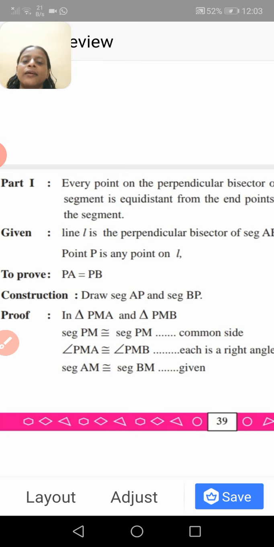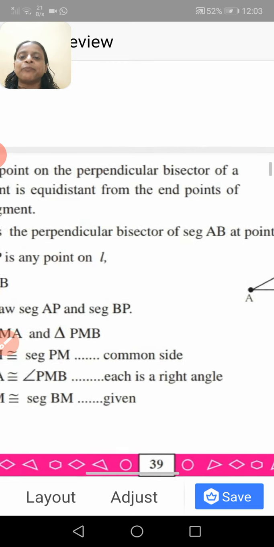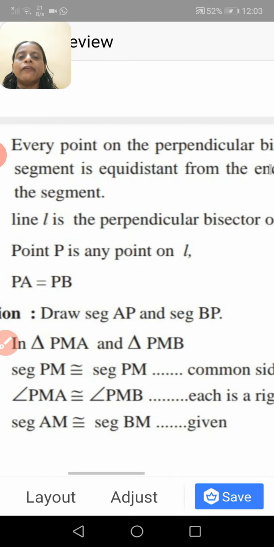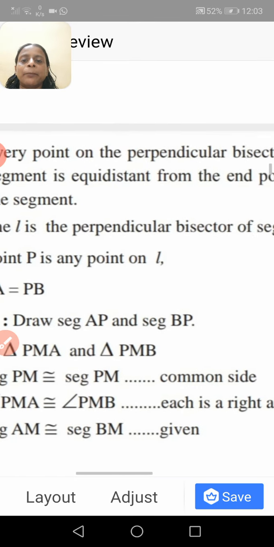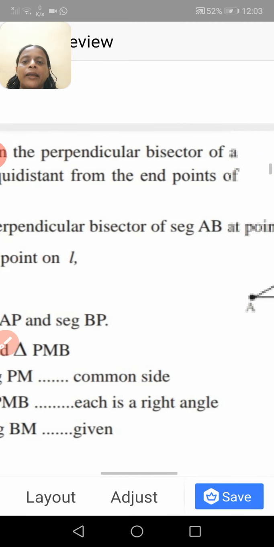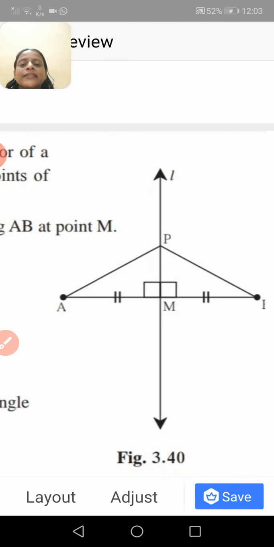So here the perpendicular bisector theorem is expressed in two different ways. The first one is what? You can see here that every point on the perpendicular bisector of a segment is equidistant from the endpoints. Equidistant from the endpoints means it lies at an equal distance from the endpoints.